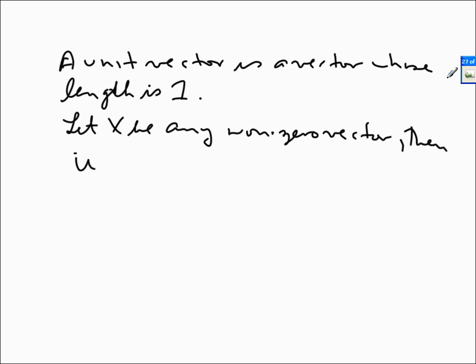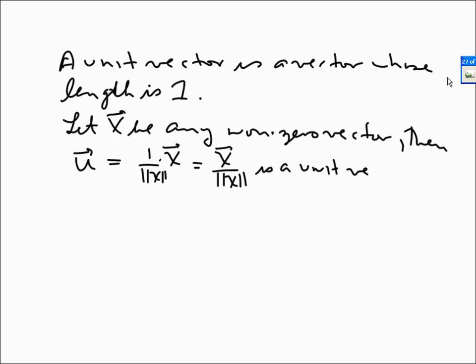Then, if I calculate u by multiplying vector x by 1 over the length of x, this vector is a unit vector in the direction of x, in the same direction of x.